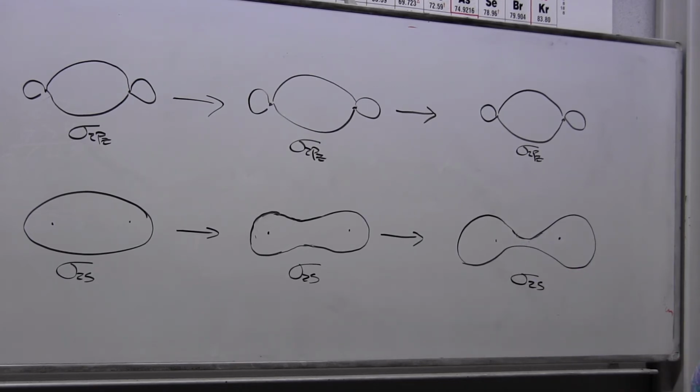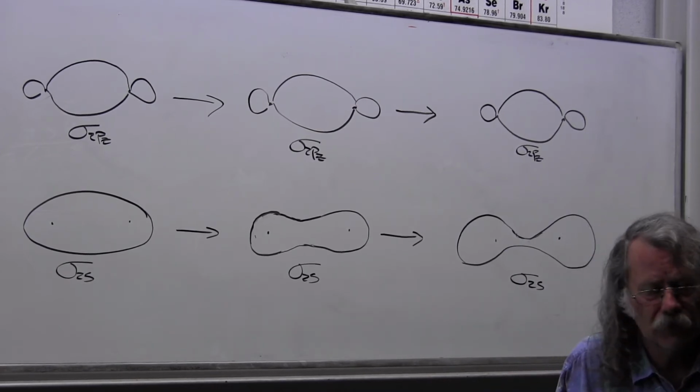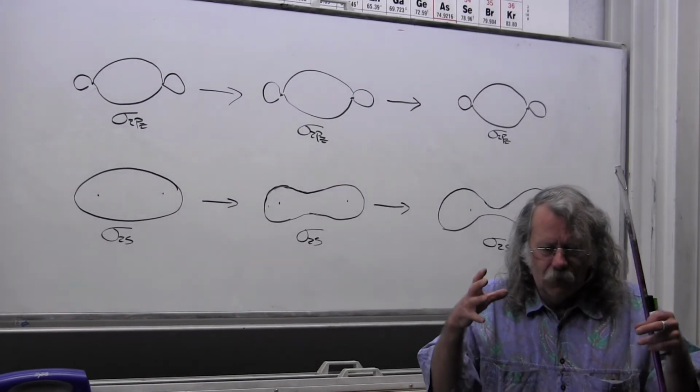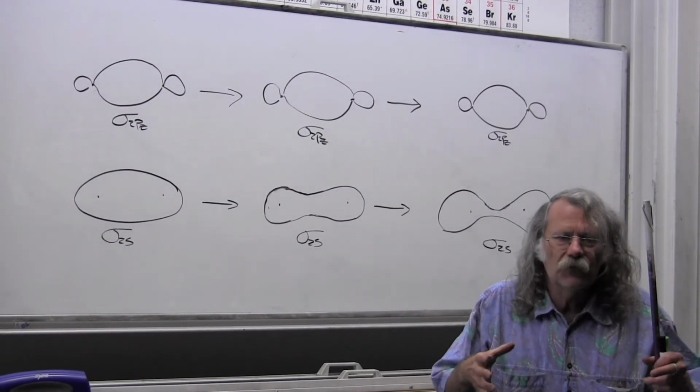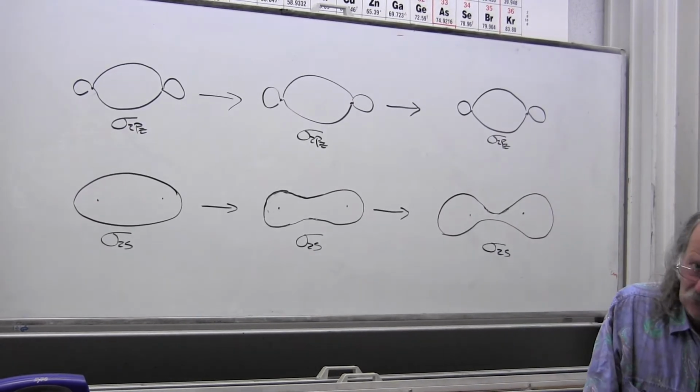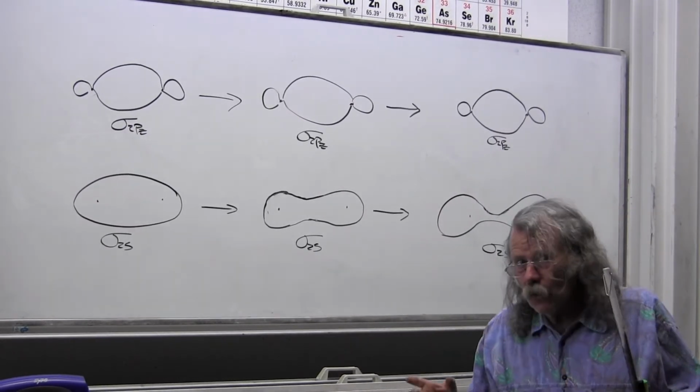And this is going to be true for the s electrons more than the p electrons, because the s electrons have electron density near the nucleus, whereas the p electrons have a node at the nucleus.